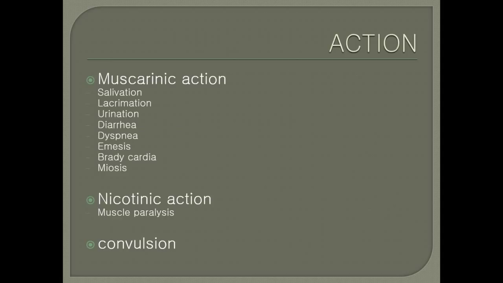Muscarinic action equals salivation, lacrimation, urination, defecation, dyspnea, emesis, bradycardia, miosis. Nicotinic action causes muscle paralysis. Central action occurs too. All of these actions can cause death.